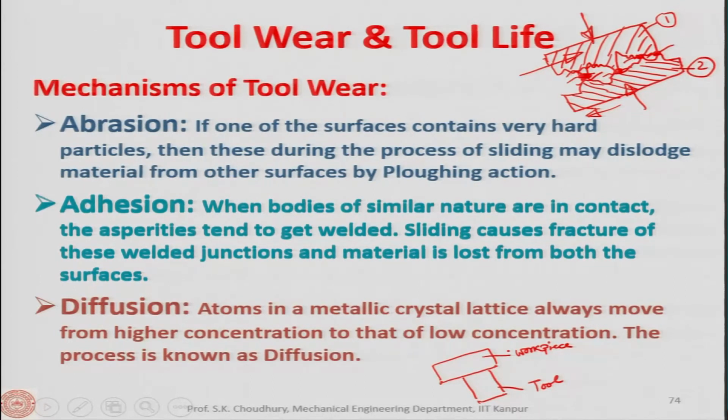The tool can be made of high speed steel or ceramics, or even diamond. So the atoms in the tool will be higher in density, and therefore the atoms will try to penetrate from higher density to lower density, and the tool wears out. This mechanism is called diffusion.